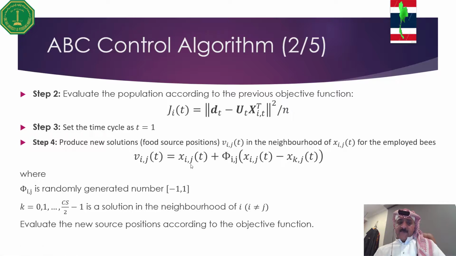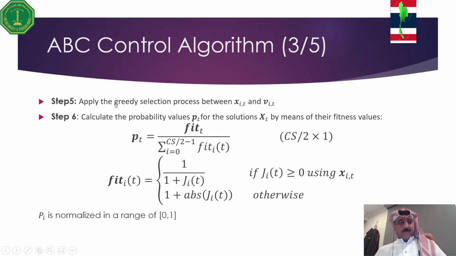Then we evaluate the new source position according to the objective function. Step 5, we use a greedy selection process between x and v. Step 6, calculate the probability value P t for the solution x of t. So we have to calculate the probability. What is fit here? It is 1 divided by 1 plus the cost function.